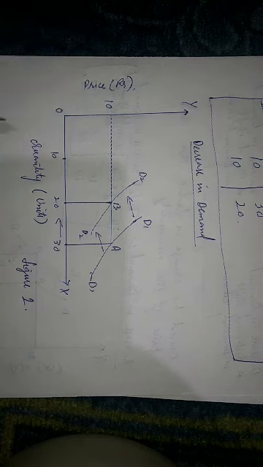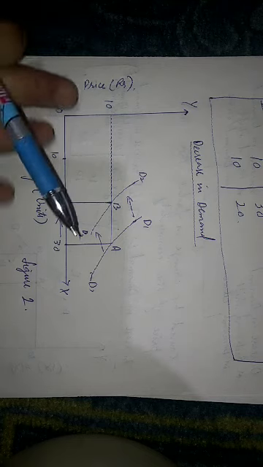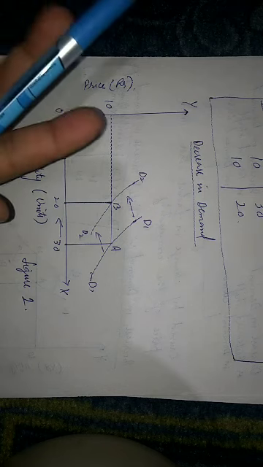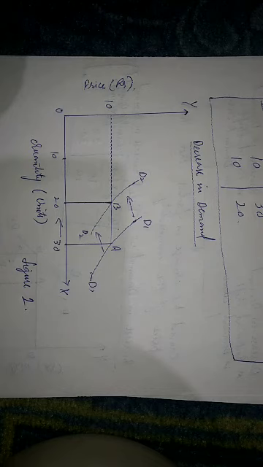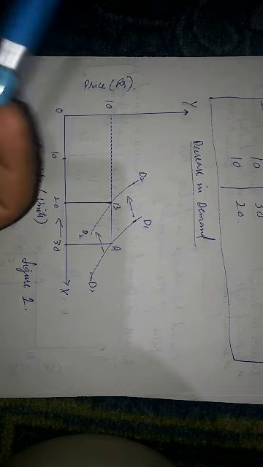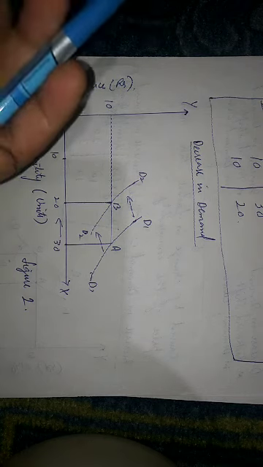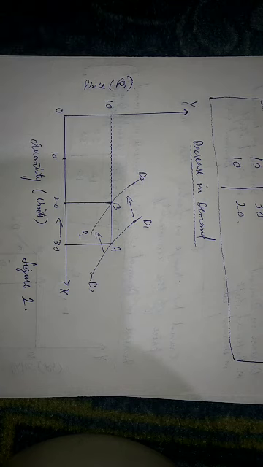Now you see, there are various causes of decrease in demand. Some important causes are when the income of the consumer falls, when the price of substitute goods decreases, or when the price of complementary goods increases.